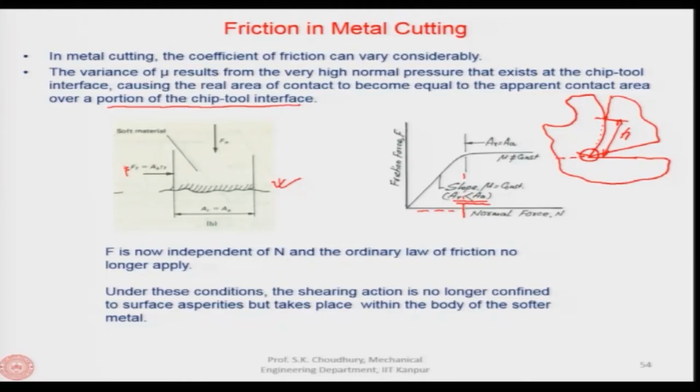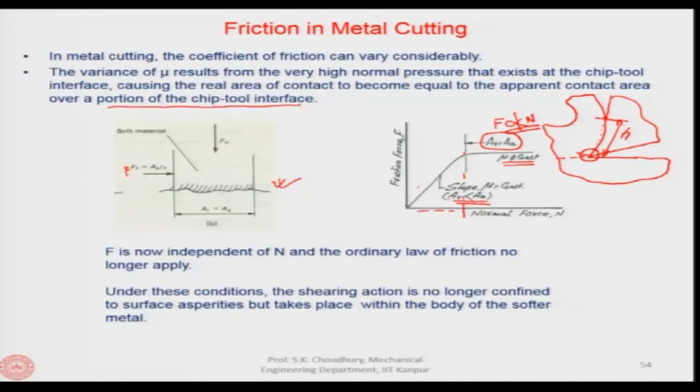Now, as the normal force increases beyond a certain point, it becomes so high that the real area of contact becomes equal to the apparent area of contact, as shown in this figure, and the normal rules of sliding friction do not apply. Then mu does not remain constant, and F is not proportional to N anymore.